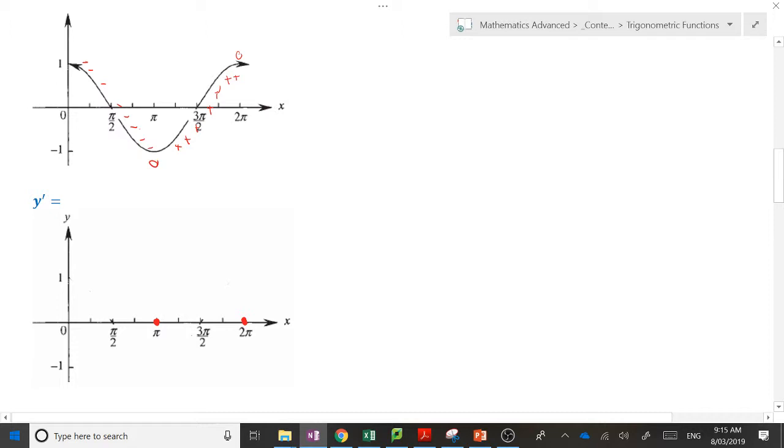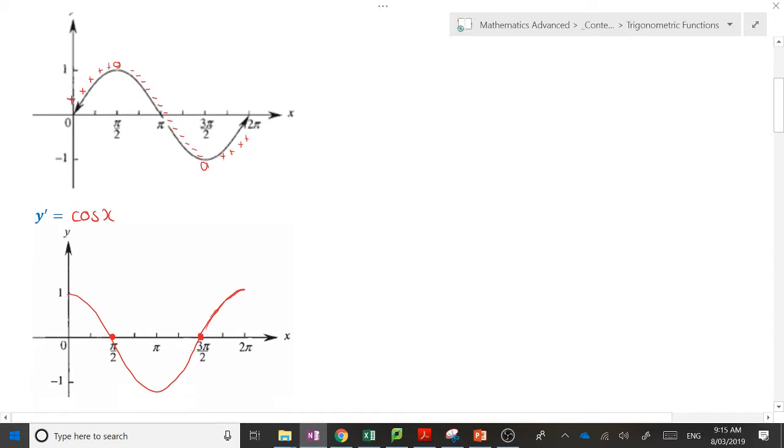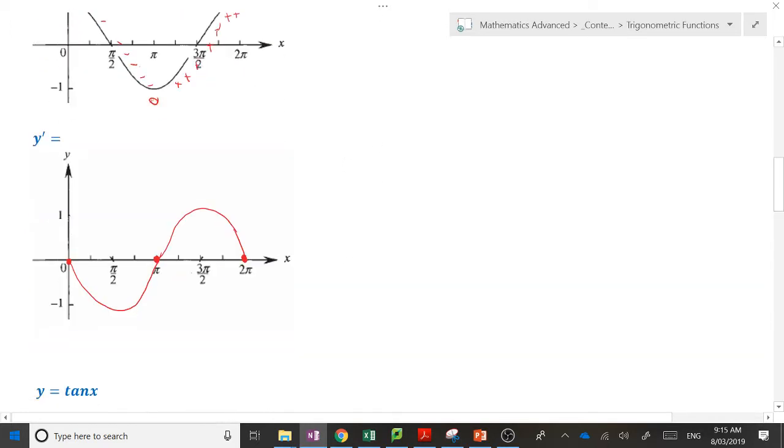Oh, there should be a 0 there too. Thank you. So we're negative, then we're positive, then we're 0 again. What does that look like? Well, this was sine. This is negative sine.